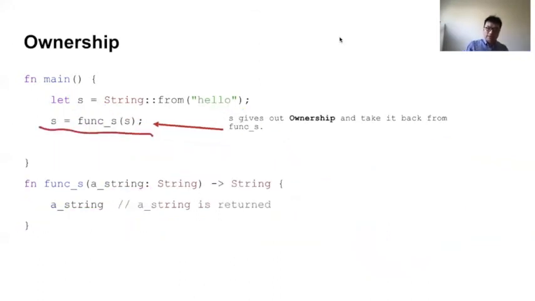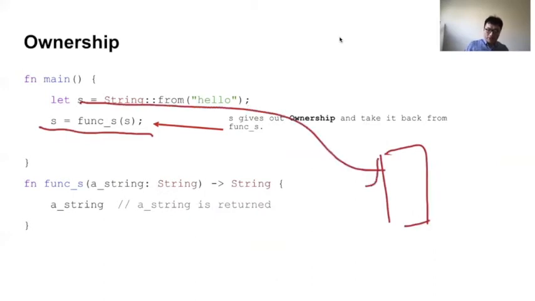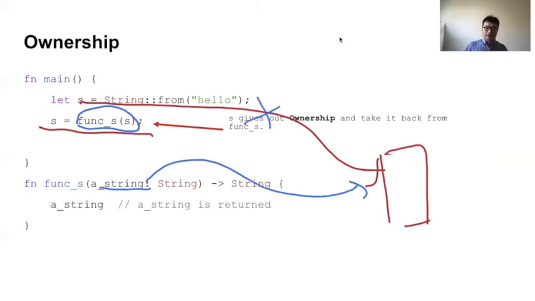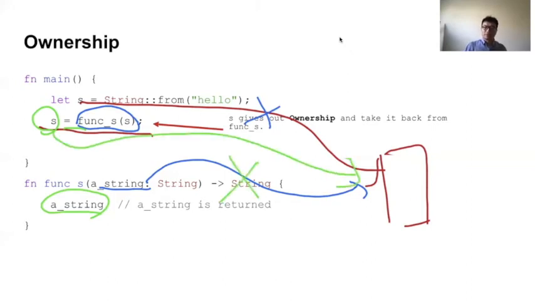Your S refers to this data, and you give out ownership in this line. So right now, the function's string has the data, and this reference is removed. But here, because you say S equals this one, and here you return the reference to S, you get S here and take back the reference.